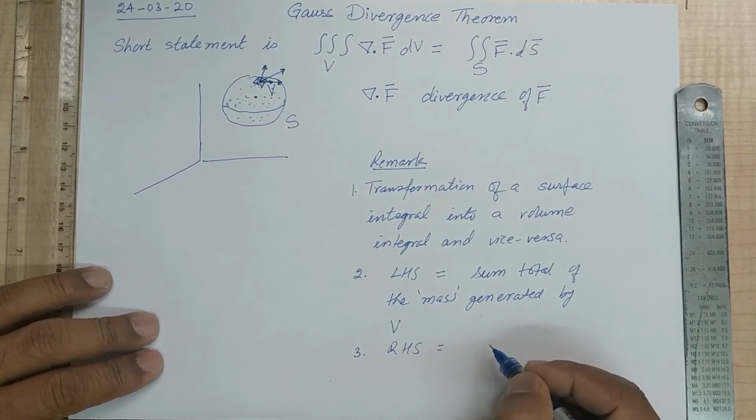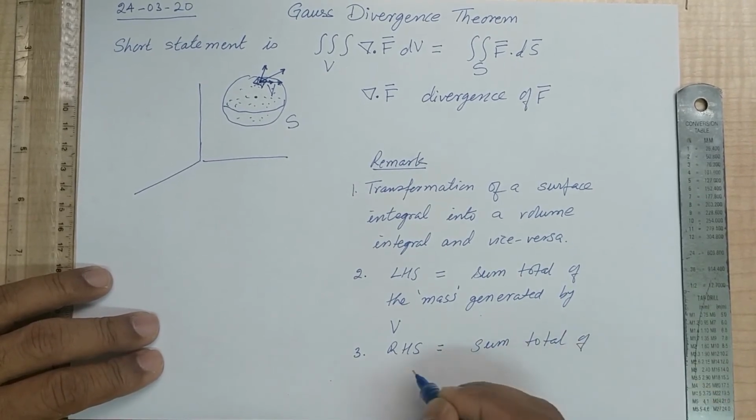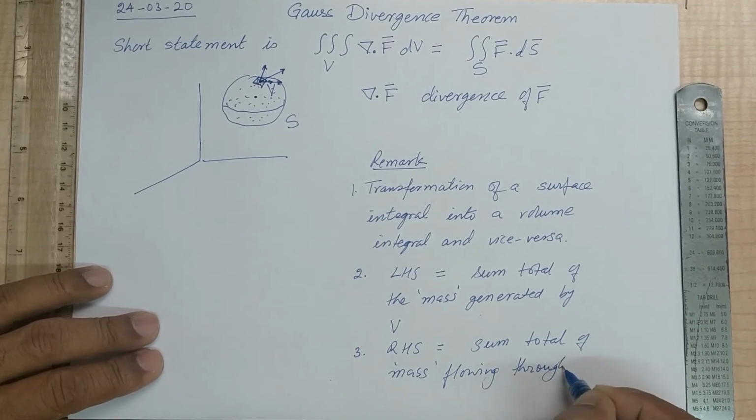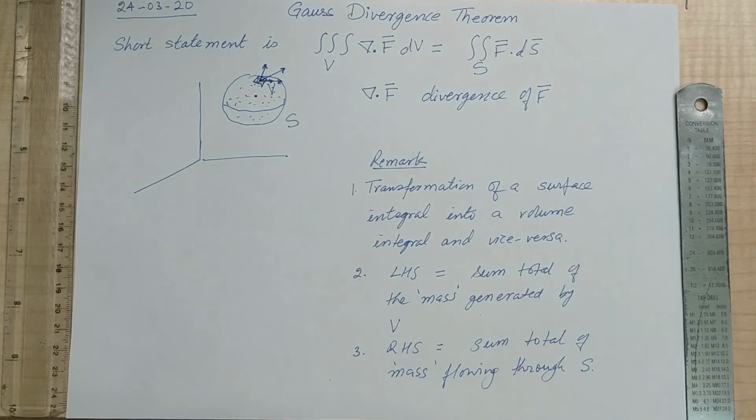It is the sum total of mass flowing through S. Okay, so this is the interpretation of the Gauss divergence theorem.